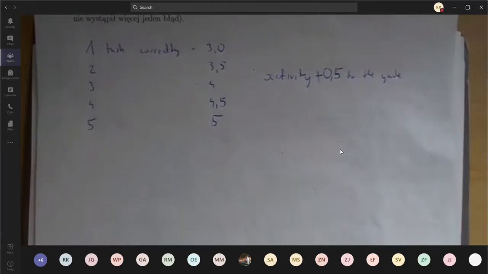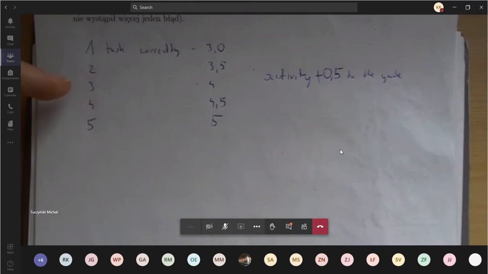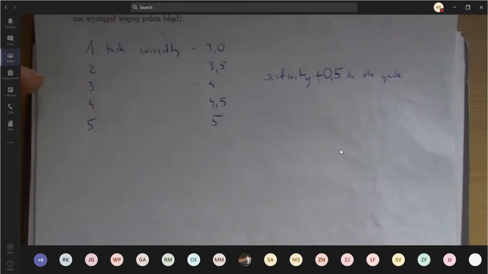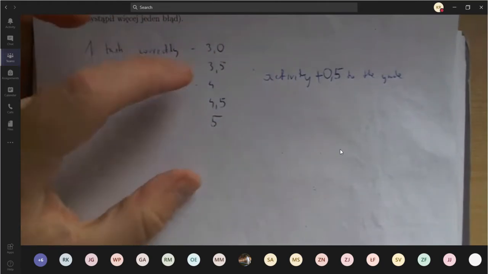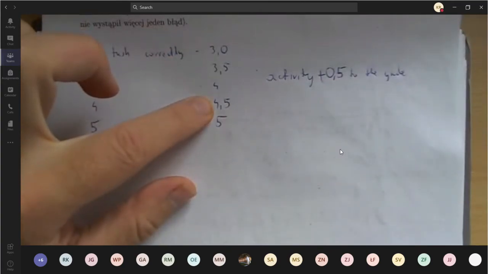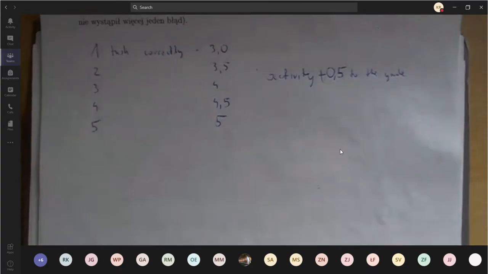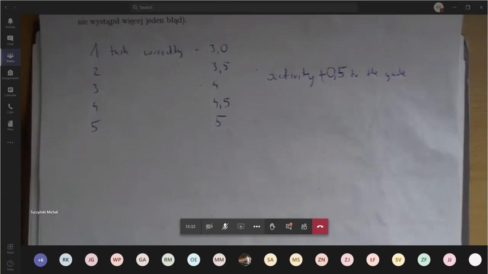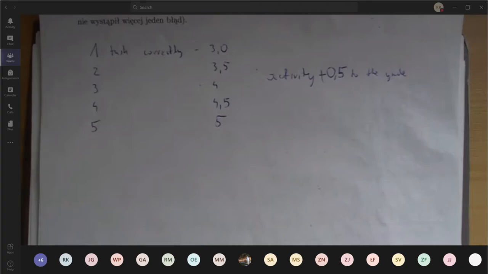Okay, so for example, you have done 3 tasks correctly on the test, and you had some pluses for activity, then you will get 4 plus half, 4.5. Okay. I think it's a fair deal.